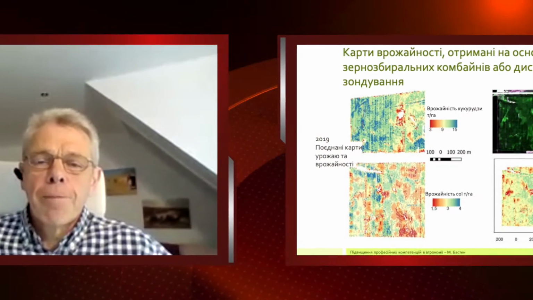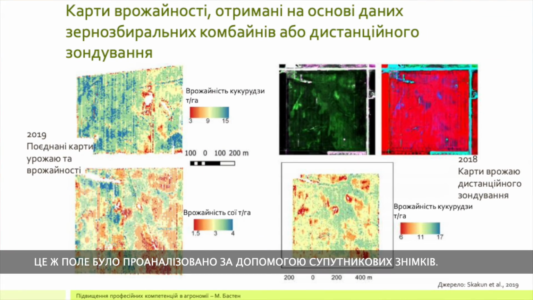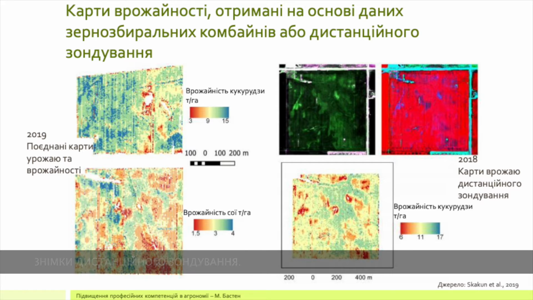In 2019, the same field was analyzed by satellite images. So in 2018 already, on the right-hand side, you see remote sensing pictures, and based on models and remote sensing, yield maps can even be generated before the harvest is done, as a kind of forecast.